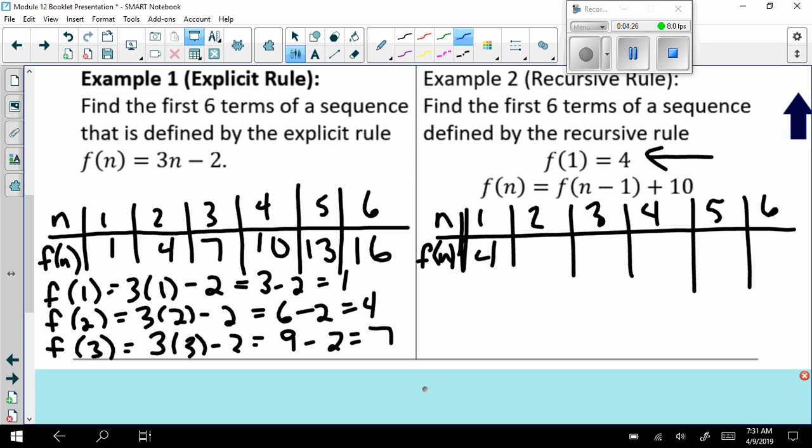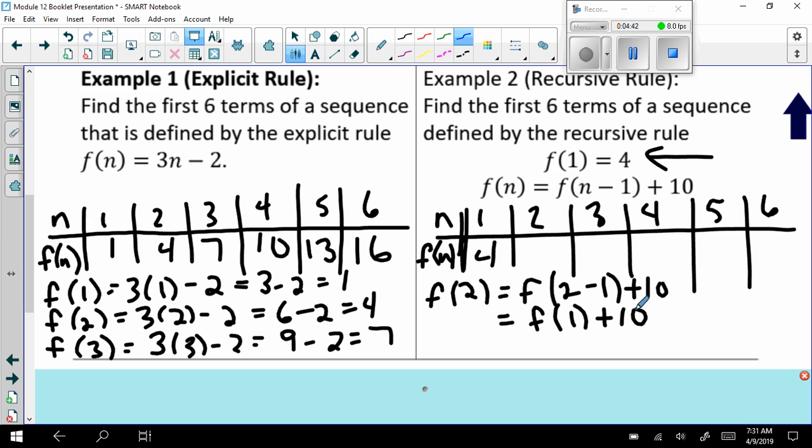So I need to find f of 2. So f of 2 is going to be f of 2 minus 1 plus 10, which means f of 1 plus 10. And we just said f of 1 was 4. So I'm going to replace it with 4, and I'm going to get 14.